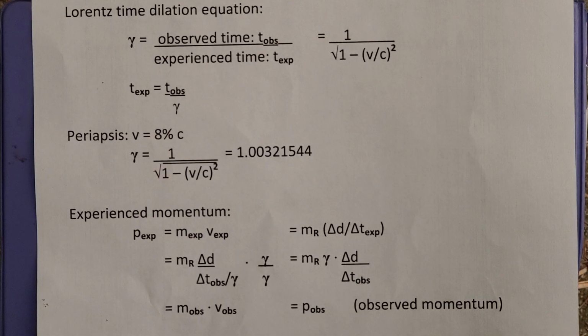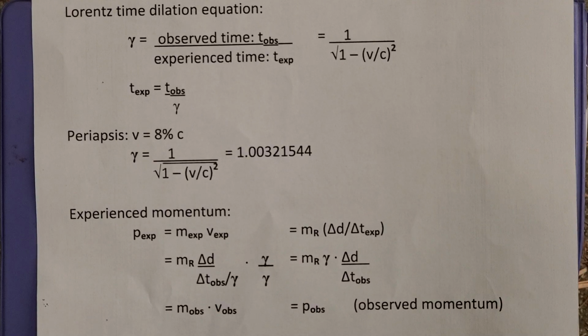The mass experienced by the star is its rest mass, while the velocity experienced is the change in experienced distance divided by the change in experienced time. The experienced distance is the distance, which is also the observed distance, but this will change in a later video. The experienced time, according to Lorentz, is the observed time divided by the Lorentz factor, lambda.